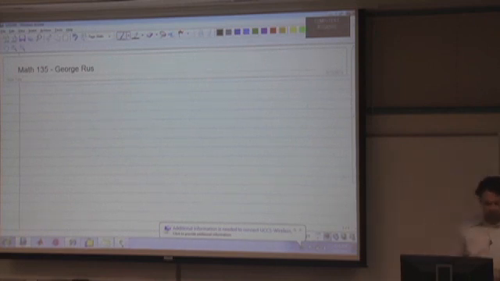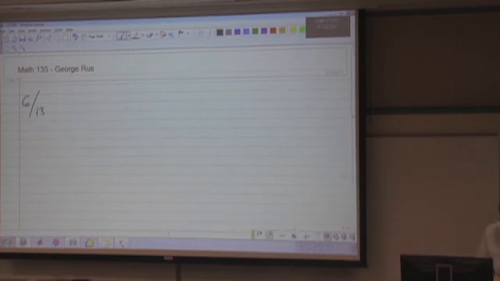Okay, so we have x squared plus y squared is equal to 25. dy over dt is equal to 6.